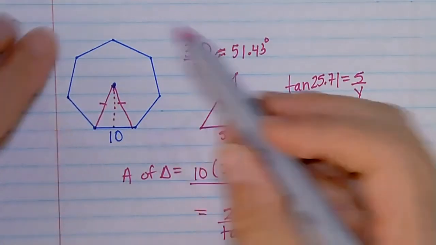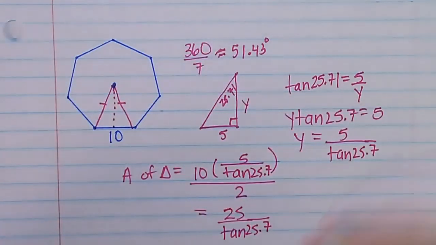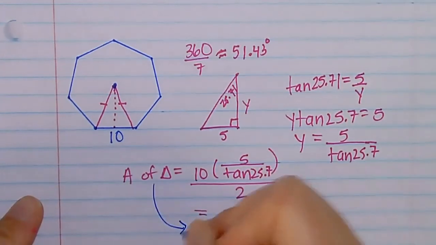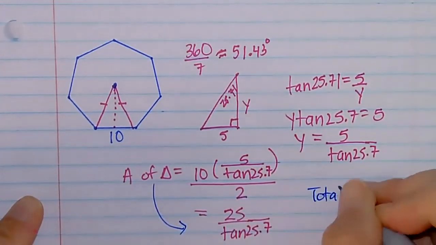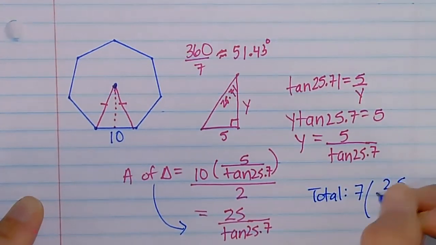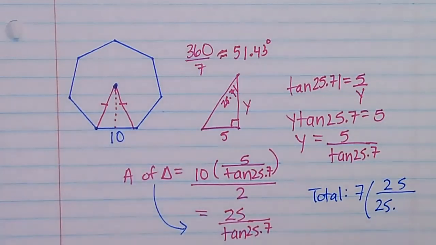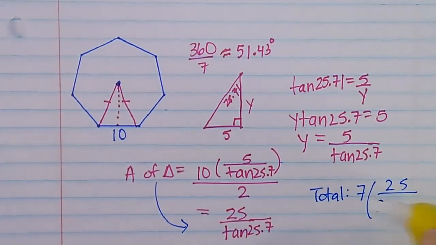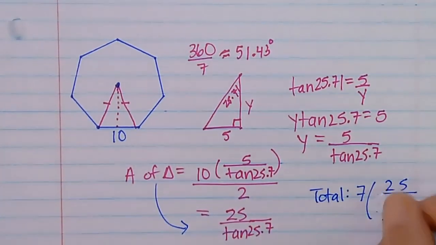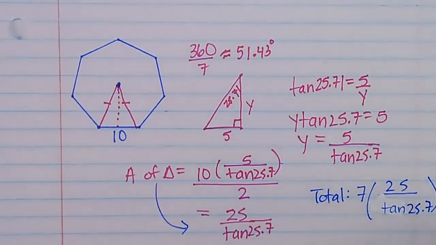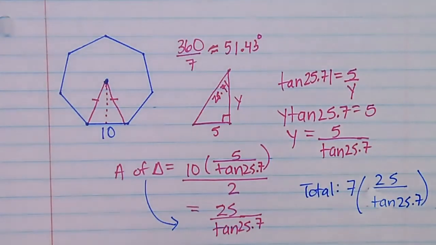And I have 7 of them. So for the total area, I am going to take 7 times this. Oops, I forgot my tan. Okay, there we go. 7 times 25 over tan 25.7. Put that into my calculator and let's see what we get.